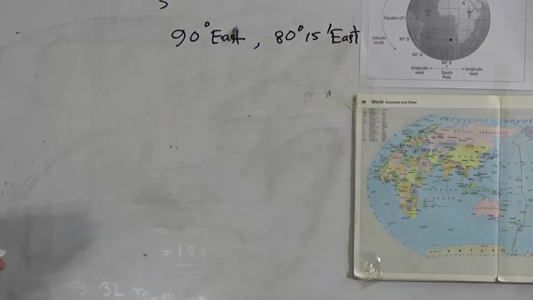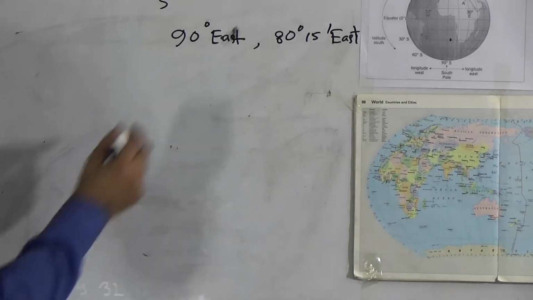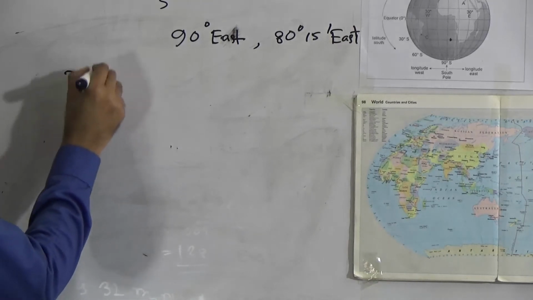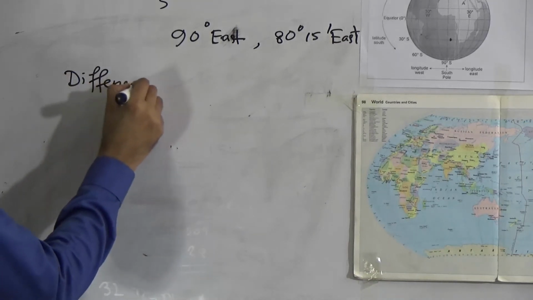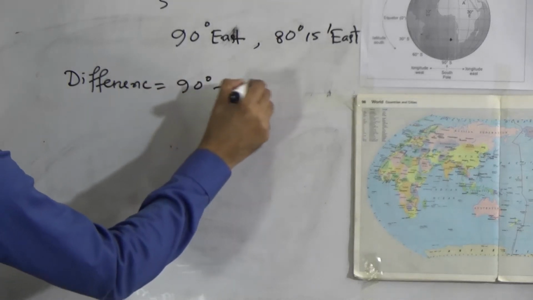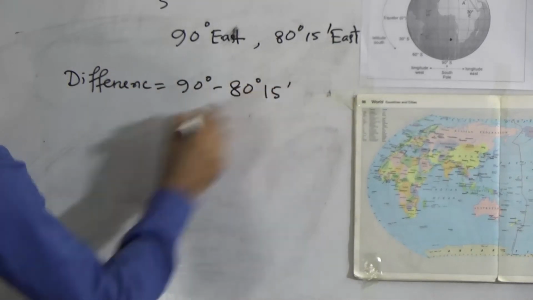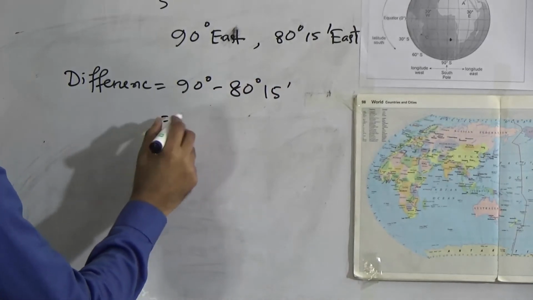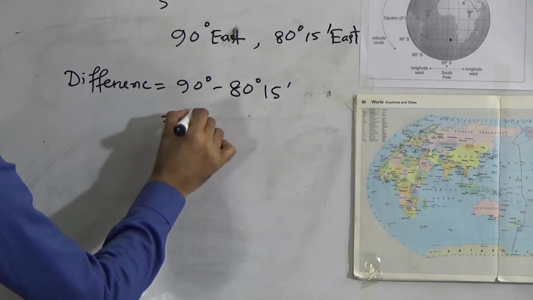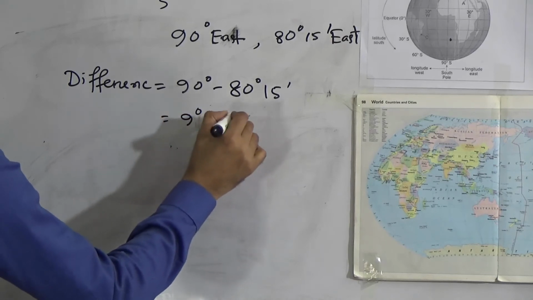What is the local time in Chennai when midday occurs in the sky of Dhaka? So the difference of meridian between Dhaka and Chennai equals 90 degrees minus 80 degrees 15 minutes, which is equal to 9 degrees 45 minutes.